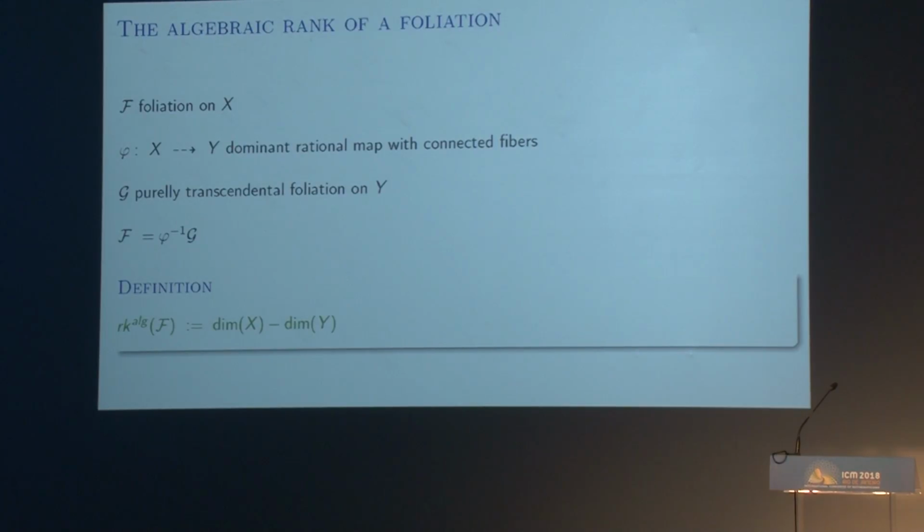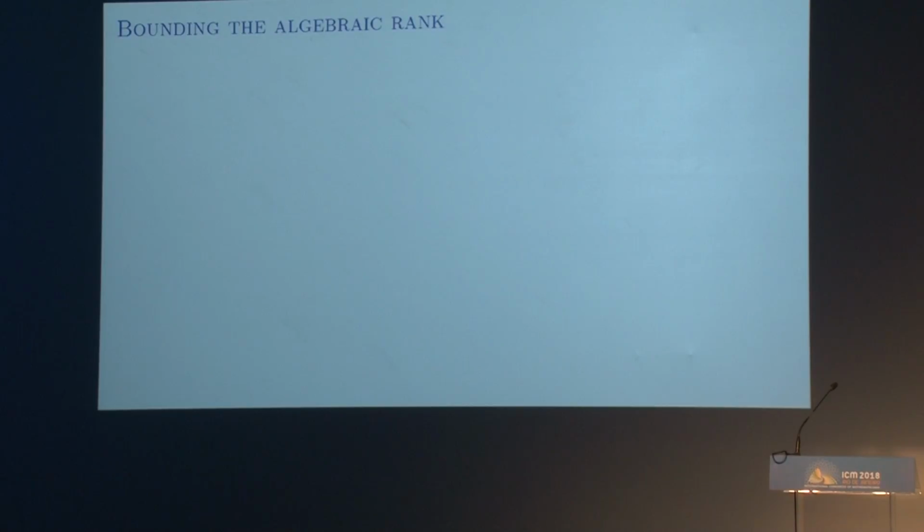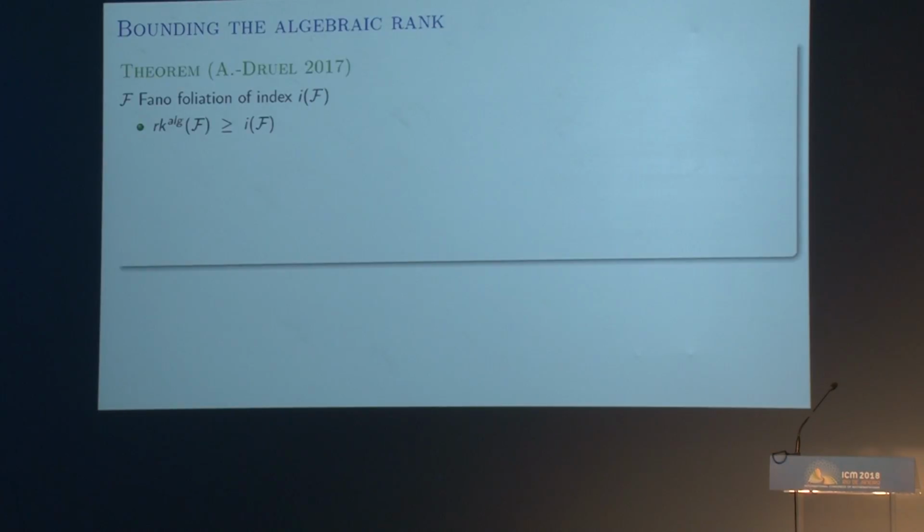So we want to find results where invariants measuring the positivity of the tangent bundle bound this algebraic rank. What we proved was the following. If you have a Fano foliation of index i, then the algebraic rank of the foliation is bounded from below by the index.